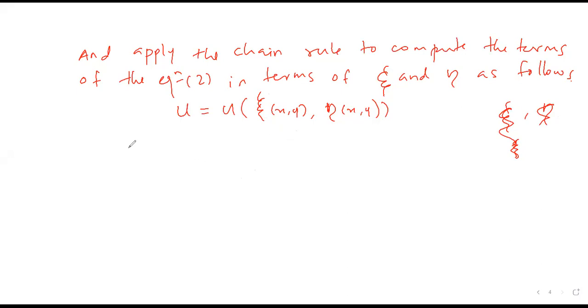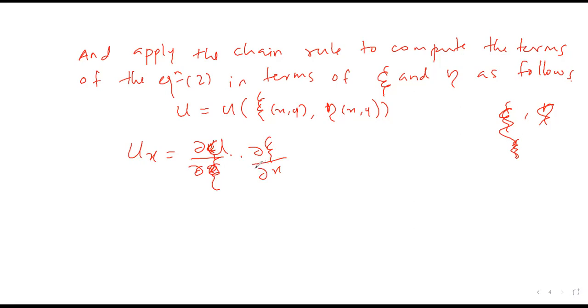So what if I take ux? It means I need to take daba u over daba zeta into daba zeta over daba x. This is our chain rule.